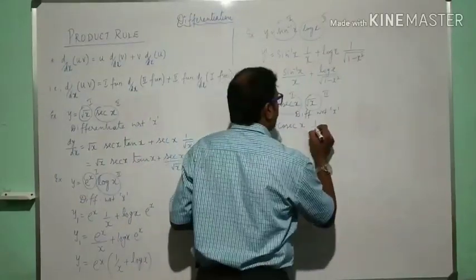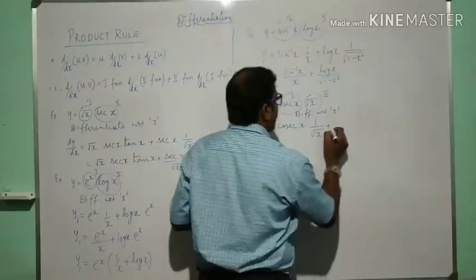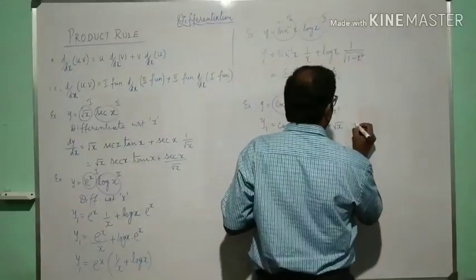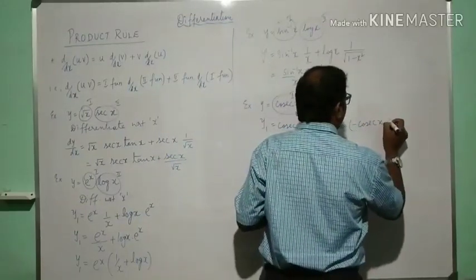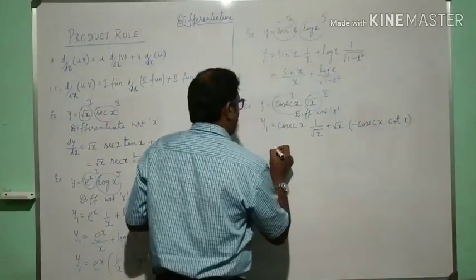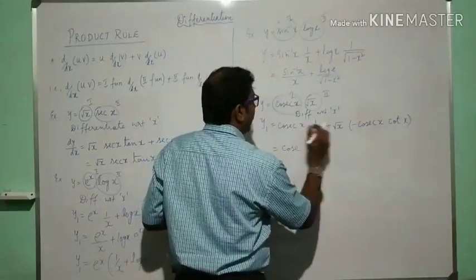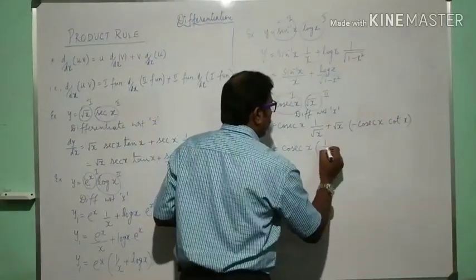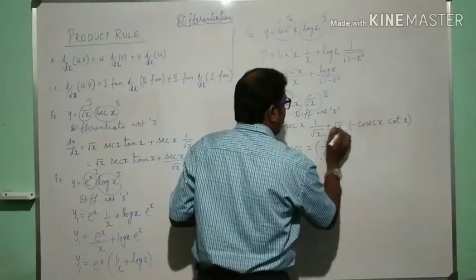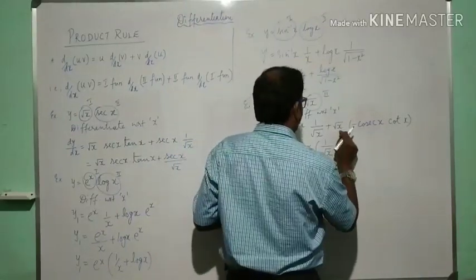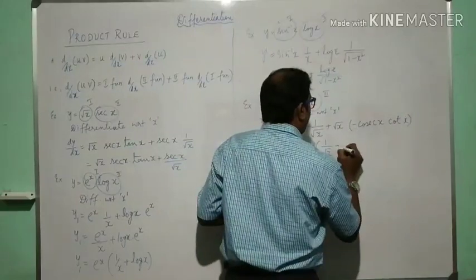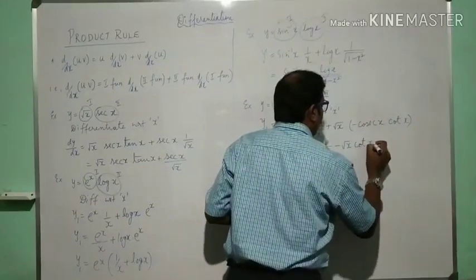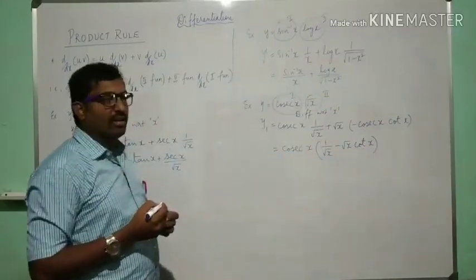The derivative of root x is 1 by root x, plus, now root x, place it like that itself. The derivative of cosecant x is minus cosecant x cot x. Now rearrange. Cosecant x is common. Now the rest is 1 by root x plus, into minus minus, now root x into cosecant x we have taken out. The remaining is cot x. This is the answer.